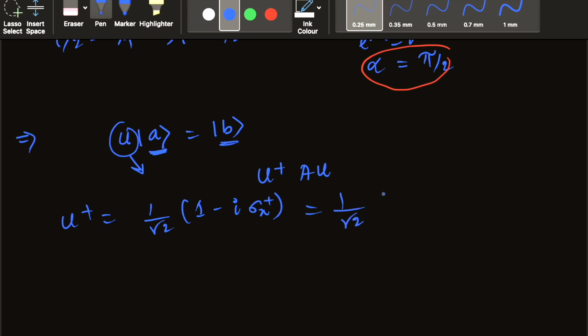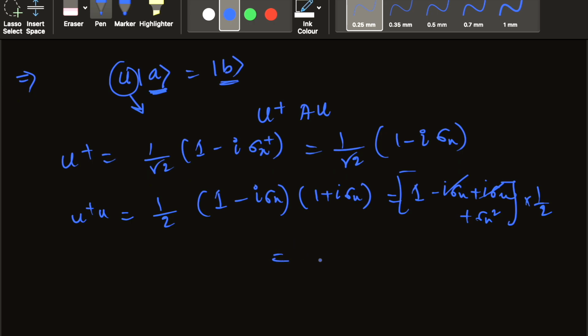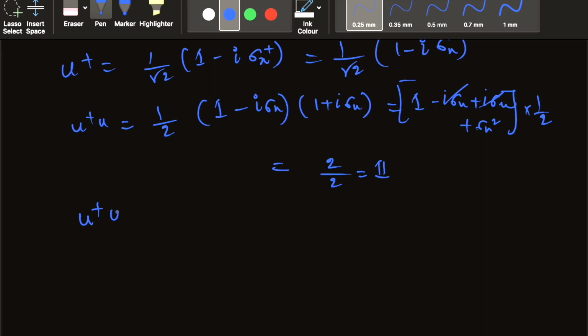That means U dagger U will be 1 by 2 into 1 minus i sigma x times 1 plus i sigma x, which is 1 minus i sigma x plus i sigma x plus sigma x square, into 1 by 2. This will be cancelled, and we know that sigma x square means 1. That means 2 by 2, which is equal to the identity operator. Similarly, we can prove that U U dagger is equal to 1, the identity operator. That means this U is a unitary operator.